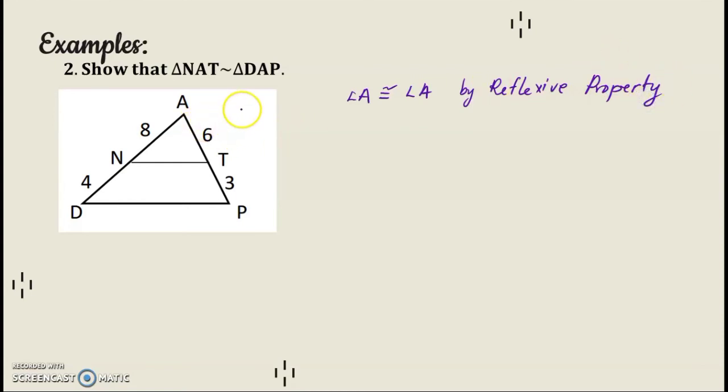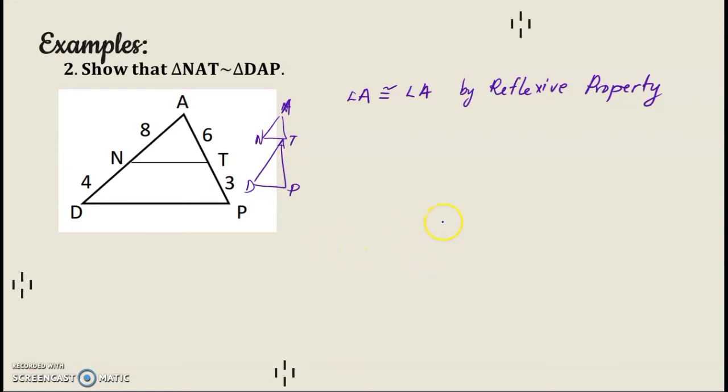So dalawang triangle yung pinag-uusapan natin dito. Yung una, yung maliit na NAP. Yung isa, yung malaki. Ito yung A. Nagtataon lang na nagkakatong. Okay?